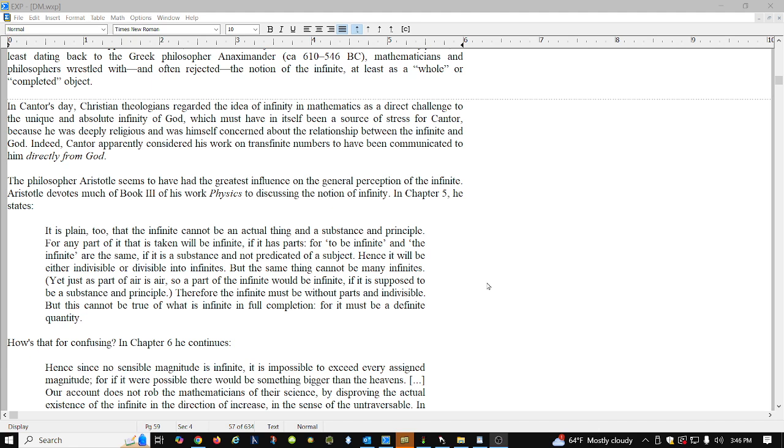But the same thing cannot be many infinities. Yet, just as part of air is air, so a part of the infinite would be infinite, if it is supposed to be a substance and principle. Therefore, the infinite must be without parts and indivisible. But this cannot be true of what is infinite in full completion, for it must be a definite quantity.